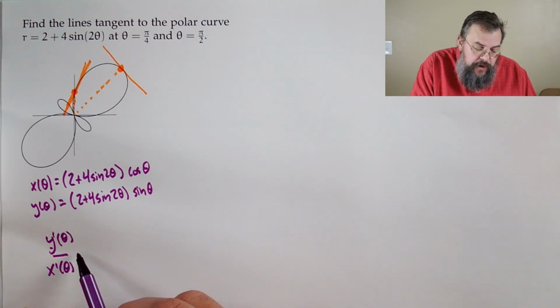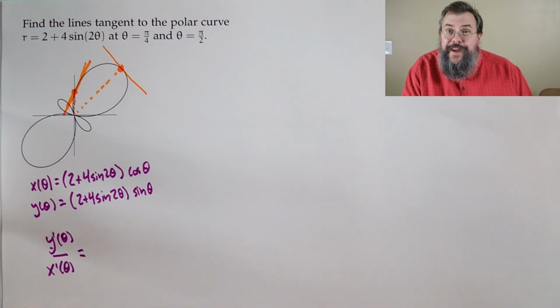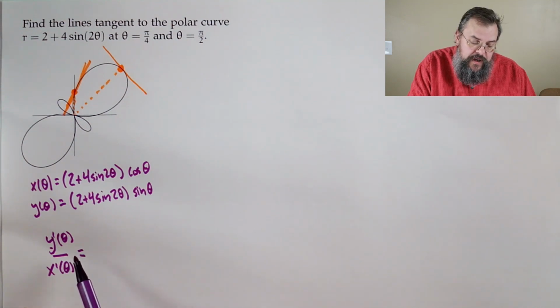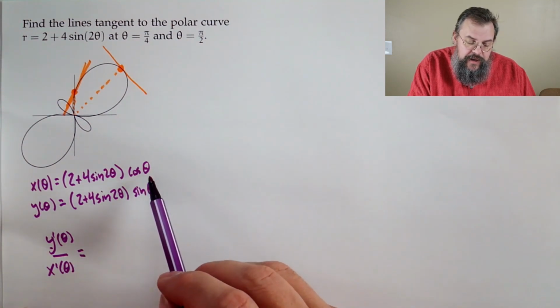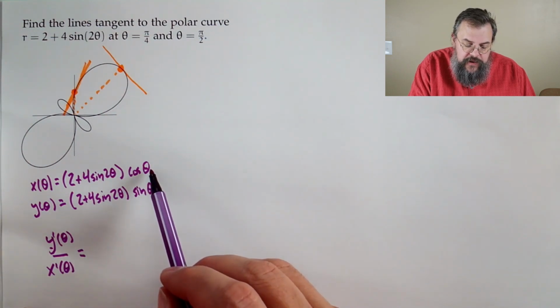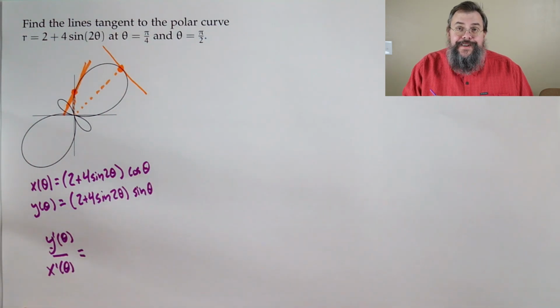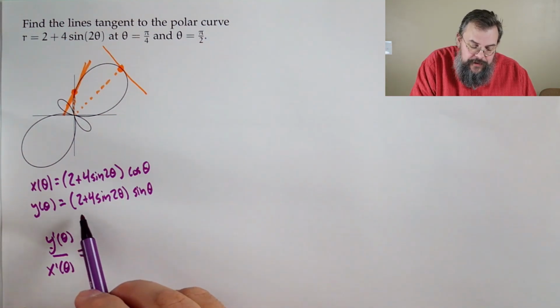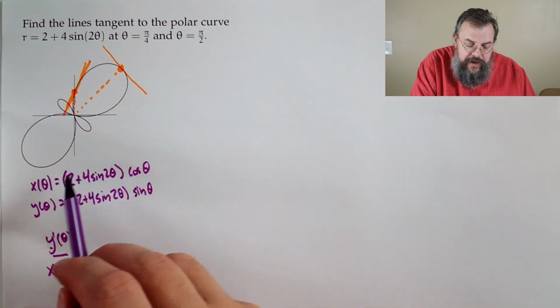And this is the part I often make a mistake on, so I'm going out of my way to point out my mistakes so that I don't make that mistake. We often write x first and y second, so oftentimes the temptation is to take the derivative of x up the top and the derivative of y on the bottom. No, we've got to switch them. The derivative of y goes on the top, derivative of x goes on the bottom.